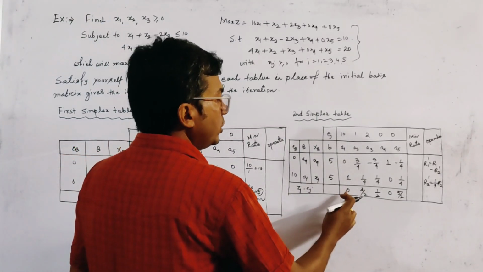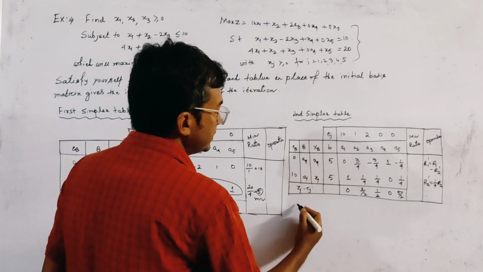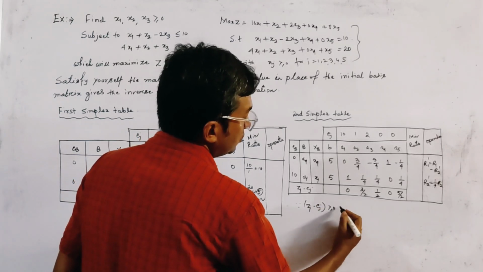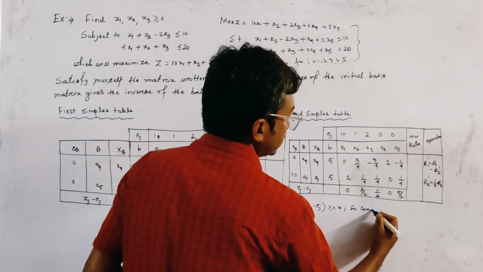It is clear that all the net evaluations Zj minus Cj are greater than or equal to 0. So since Zj minus Cj is greater than or equal to 0 for all j, the condition of optimality is satisfied.